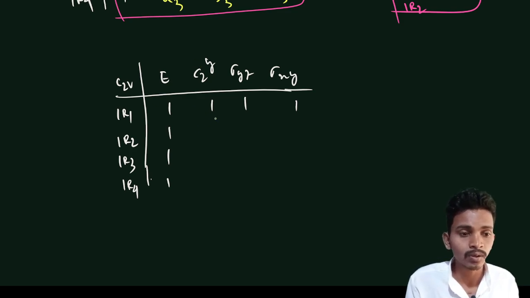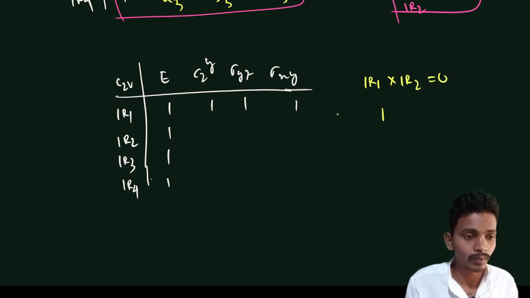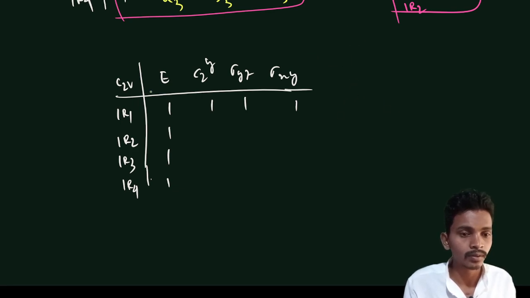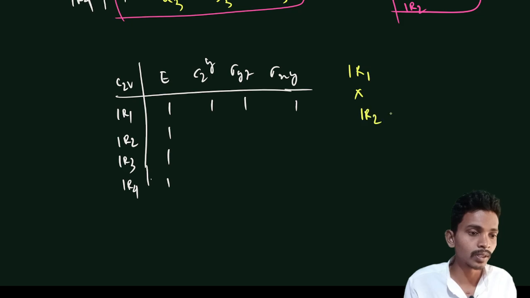So let's say orthogonal to each other. It says that IR1 into IR2 equals 0. It means IR1 values into IR2 values should give 0. IR1 is 1 1 1 1.